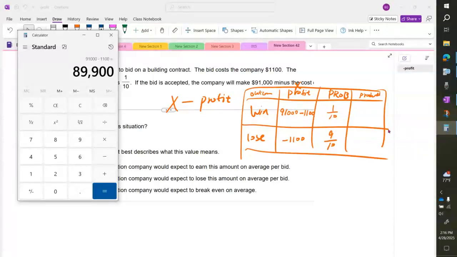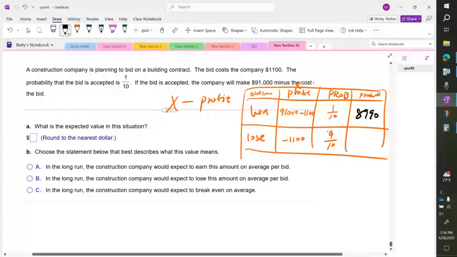And then times 1/10. By the way, 1/10 is 0.1, okay? Times 0.1. So the product is 8,990. That's the product.